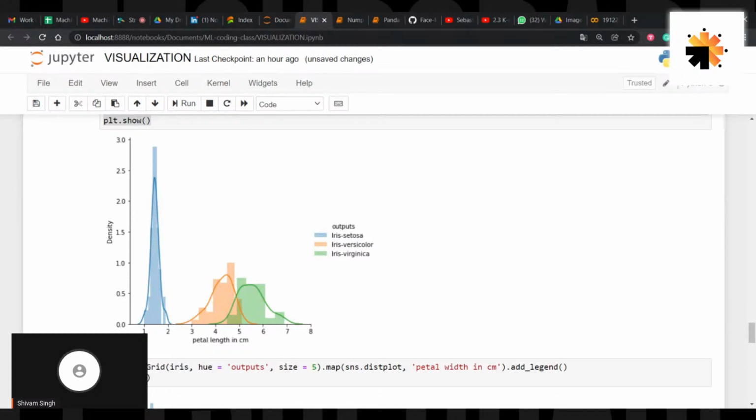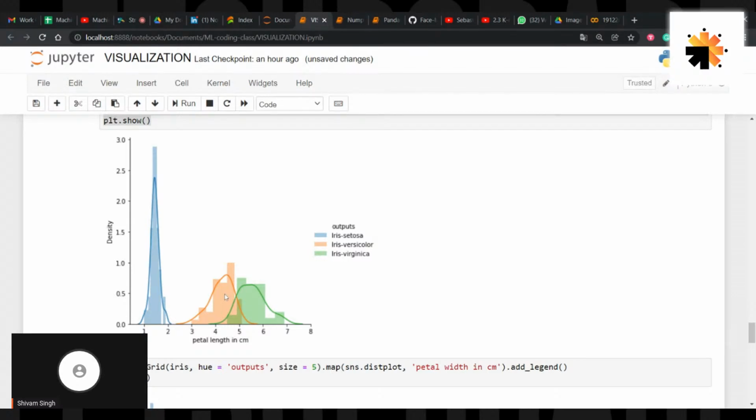Here the clear boundary is possible. I can clearly say that if my petal length is lesser than 2.3, then that particular flower is going to be a Setosa. This statement is completely possible with this graph.